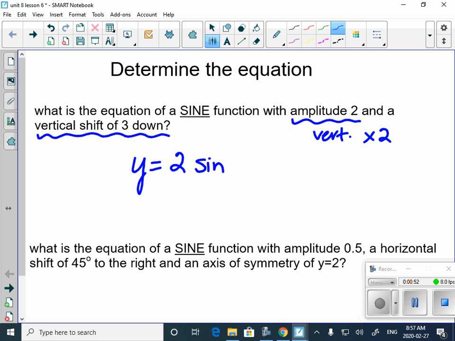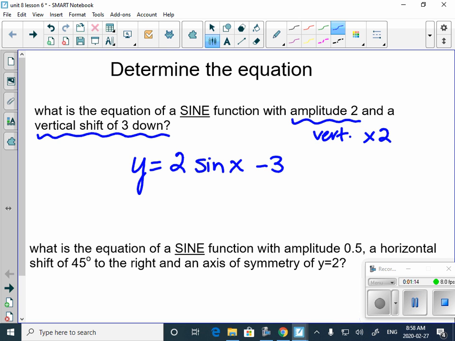It doesn't say anything about a reflection, so we're going to leave it as positive 2. It also says that it has a vertical shift of 3 down. That is not inside the function, inside the brackets. It's outside at the end. We need an x though. So y equals 2 sine x, and then 3 down would be negative 3.